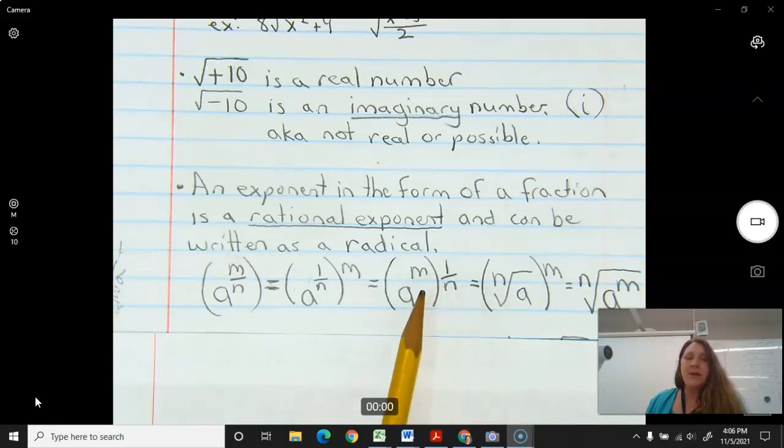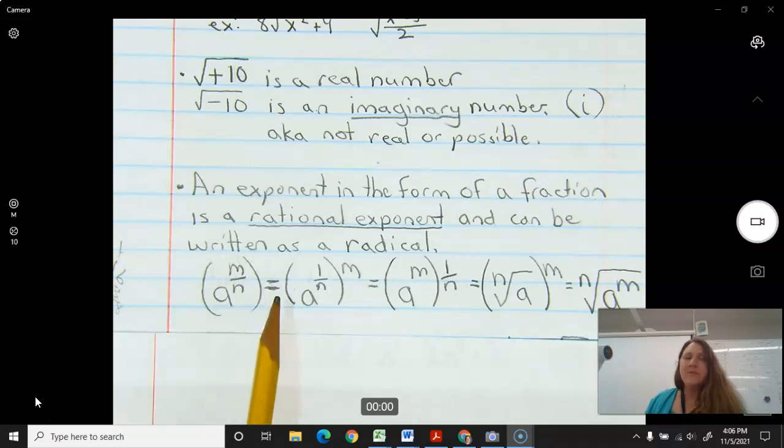It can be written as this form here, where we actually move the n out and get rid of the square root. We can switch those and it still means the same thing. Or we can combine them. Because the fact that m is basically a number on top, you could do m times 1 over n, and you get this number or view here.